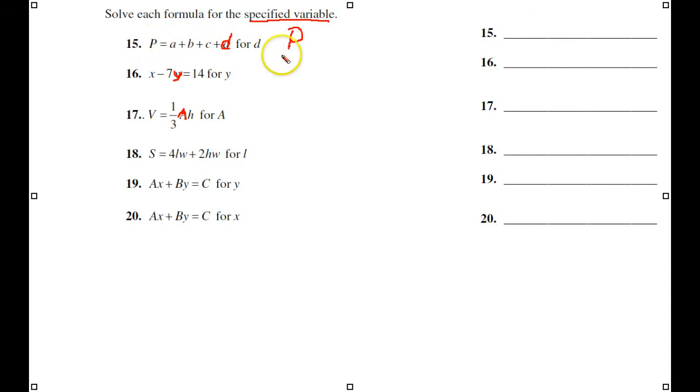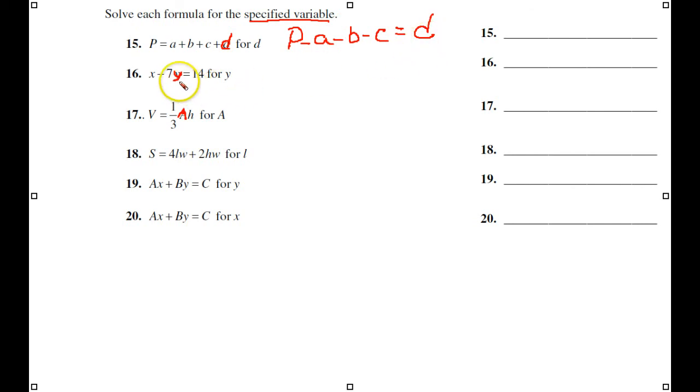So I'm going to bring the a over as a negative a, the b over as a negative b. I'm just transposing all those letters. The a is a negative, the b is a negative, the c is a negative, and d is left all by itself. So that's how we find d.